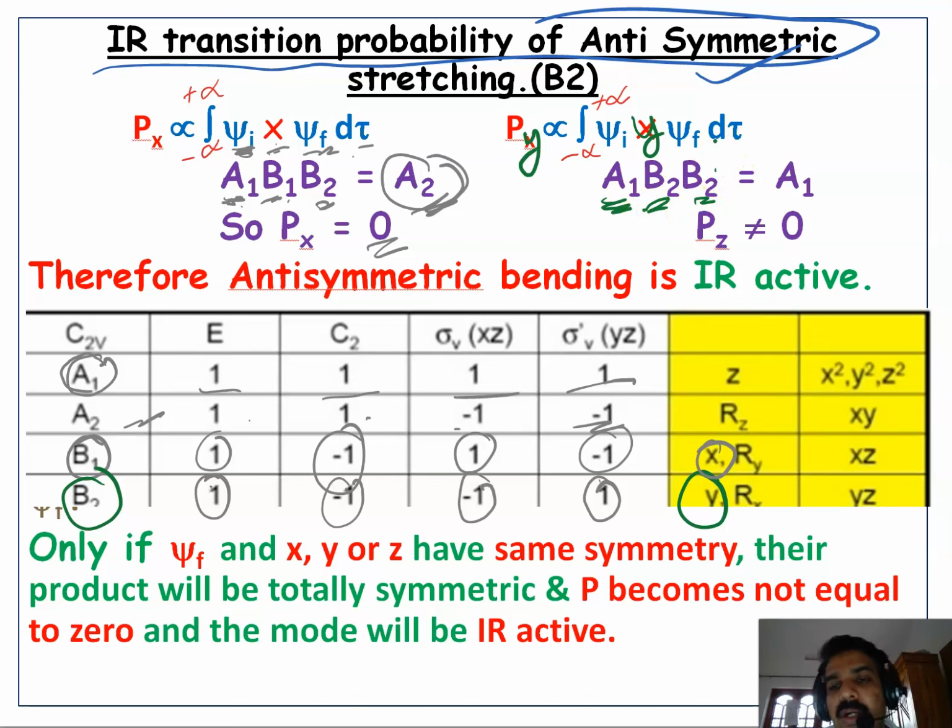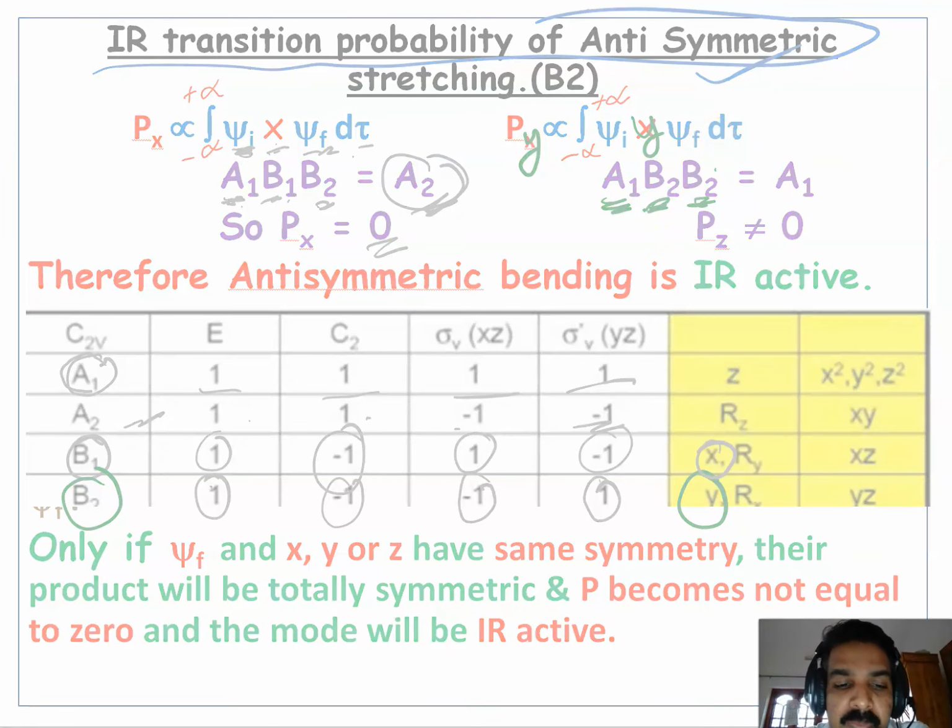B2 into B2 is equal to A1. You have studied this while we were discussing the direct product. The direct product of two same symmetries is always A1. The direct product of same irreducible representations is always even.